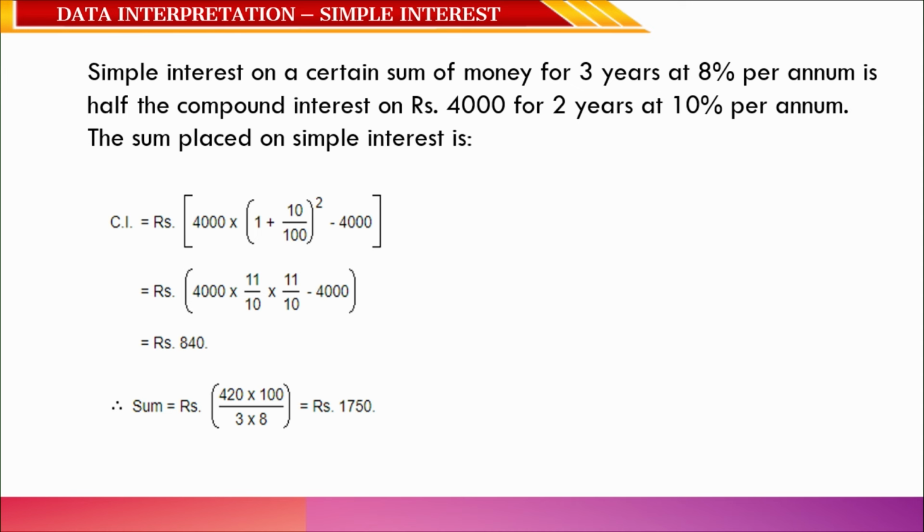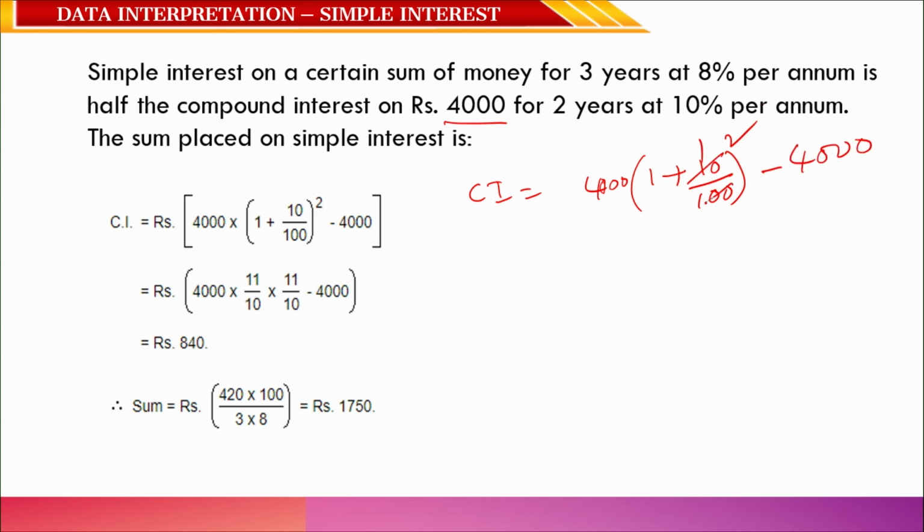Okay. So, now we are going to calculate the compound interest. Principal amount is 4,000, 1 plus rate of interest 10 whole square. You have to subtract the principal amount 4,000, correct.